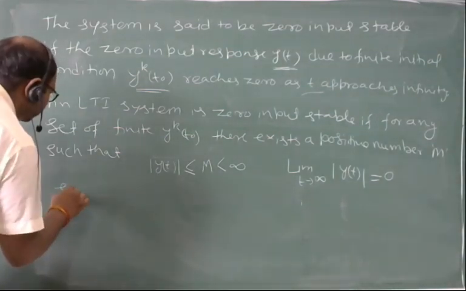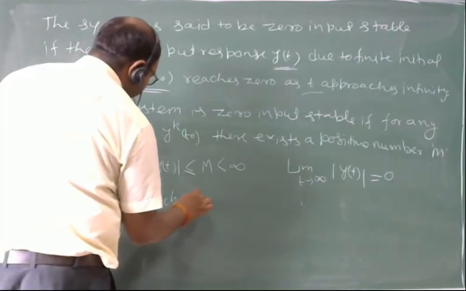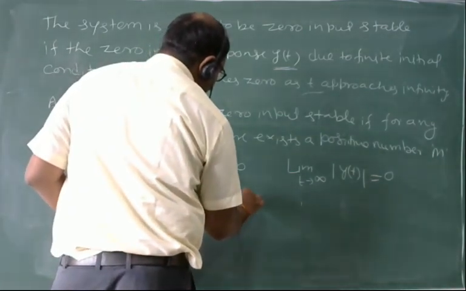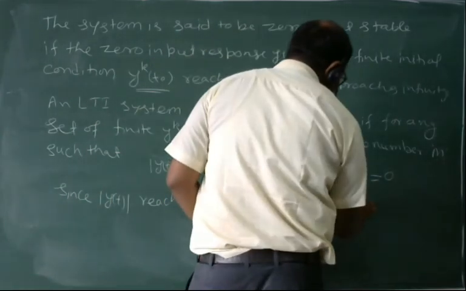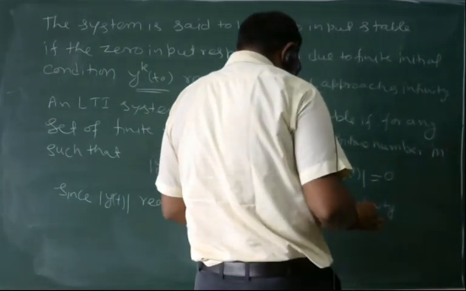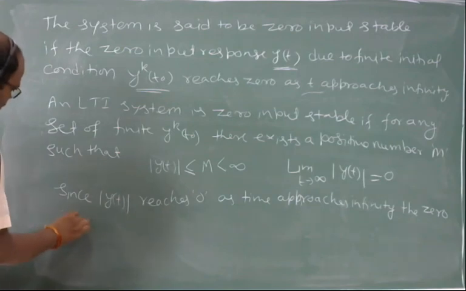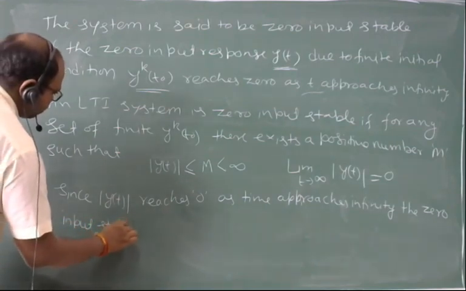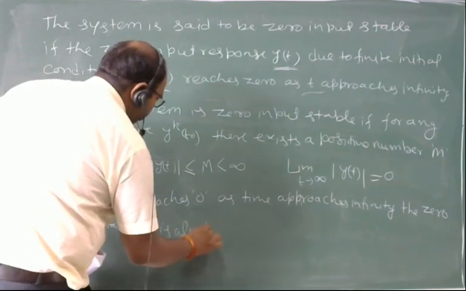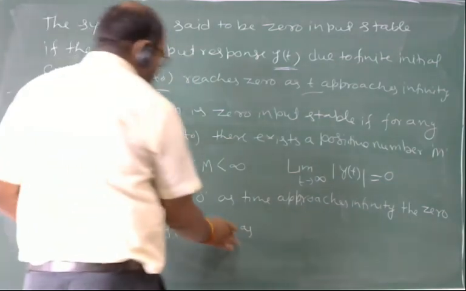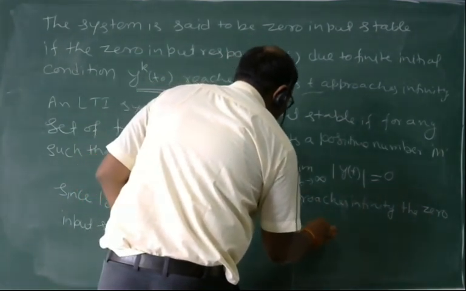Since the modulus of y(t) reaches 0 as time approaches infinity, zero input stability is also known as asymptotic stability.